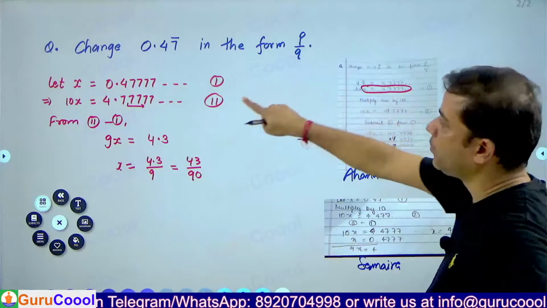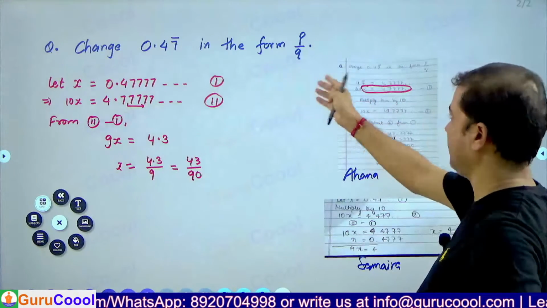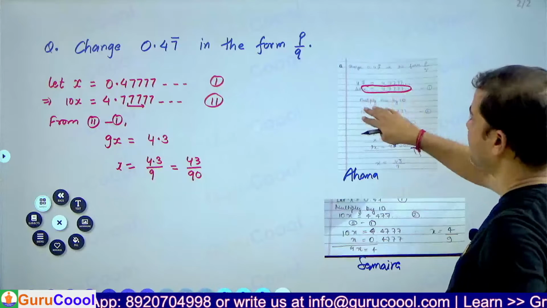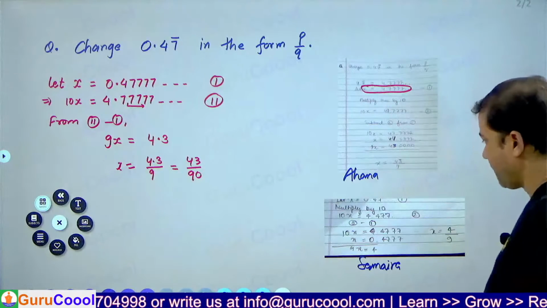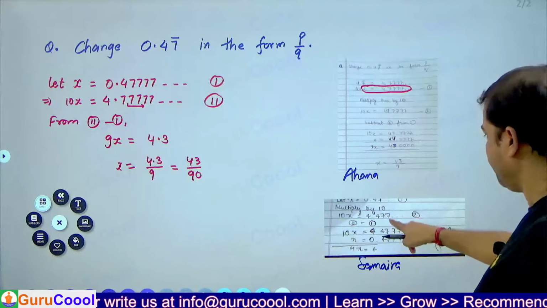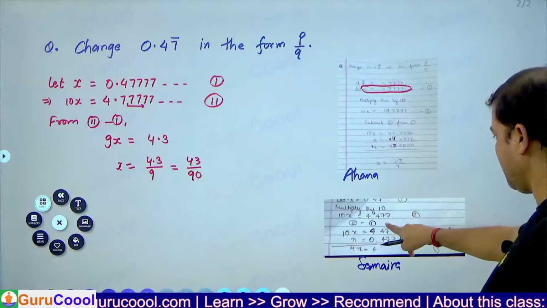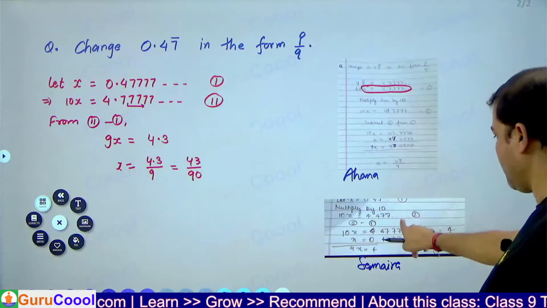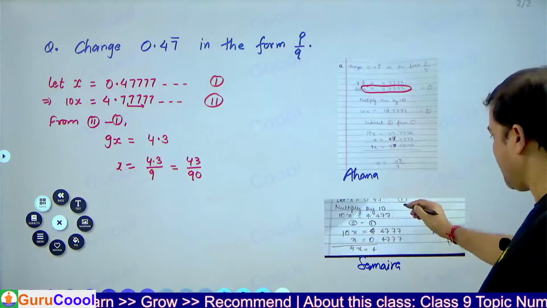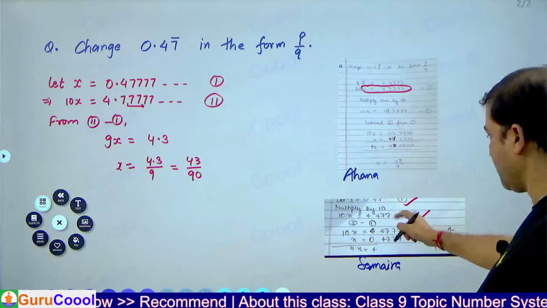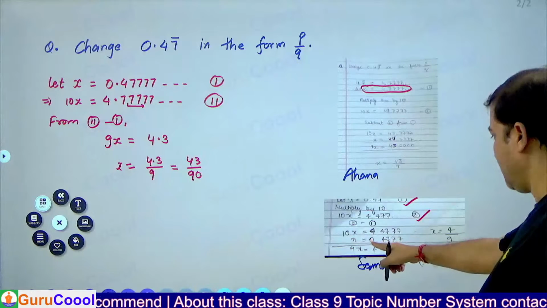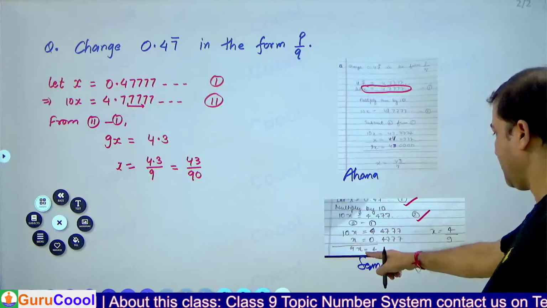It was 0.4 then 77. You have taken 4 on the left side. That's wrong. Samaira, your first equation is correct. And here 10x minus x is 9x.